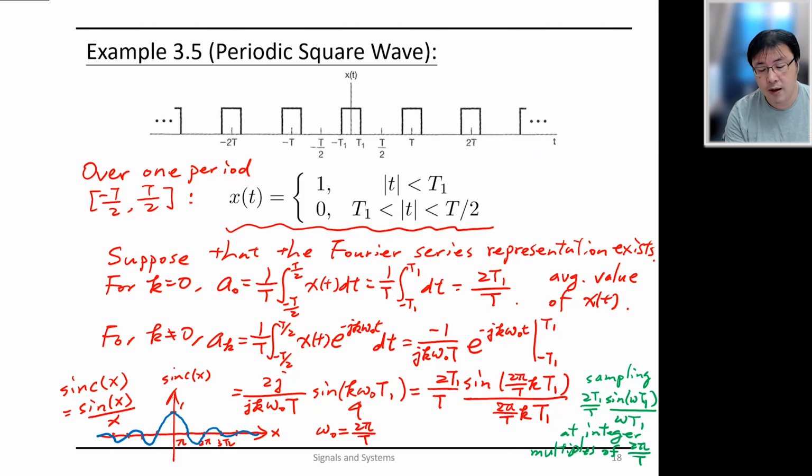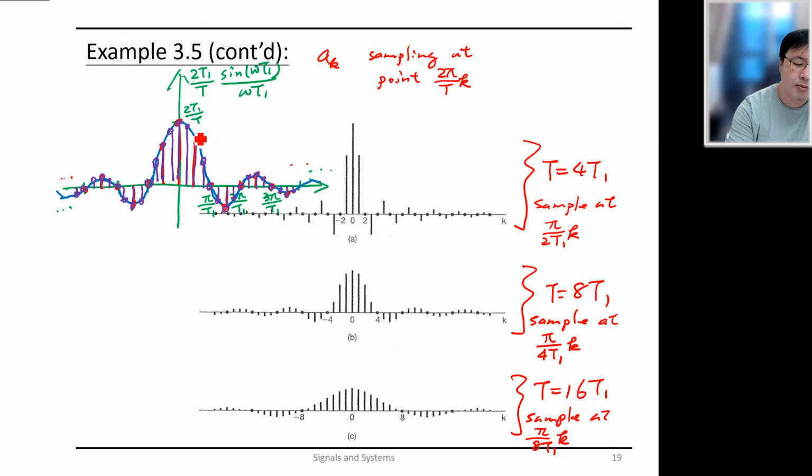Okay, so as capital T goes to infinity, you're essentially sampling the sinc function infinitely with infinite density. Okay, so I just wanted to go through this example here. But later on in the next chapter, you'll see why this concept will become useful.